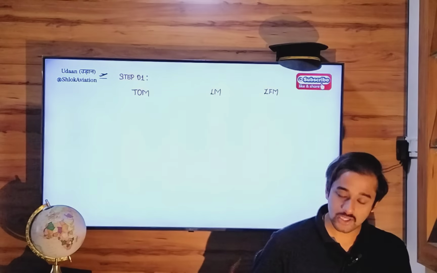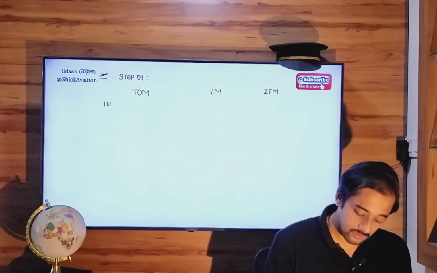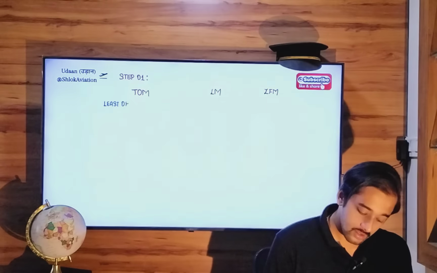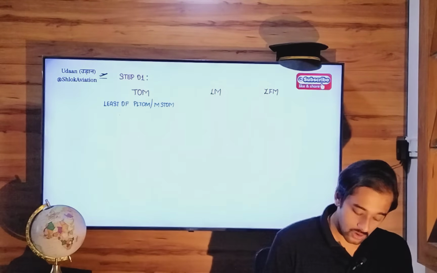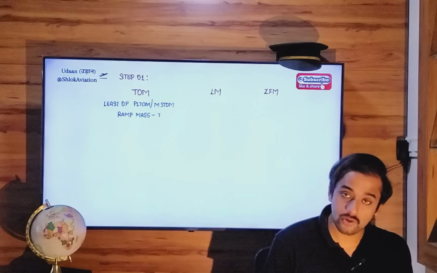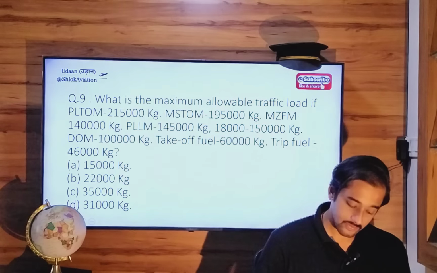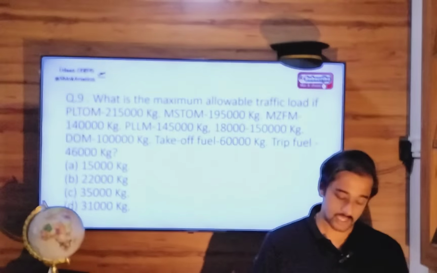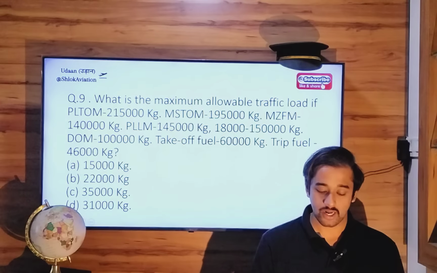In the takeoff mass column, you are going to write a value which is the least of performance limited takeoff mass, maximum structural takeoff mass, or ramp mass minus taxi fuel. In this case, performance limited takeoff mass is 215 and maximum structural takeoff mass is 195.